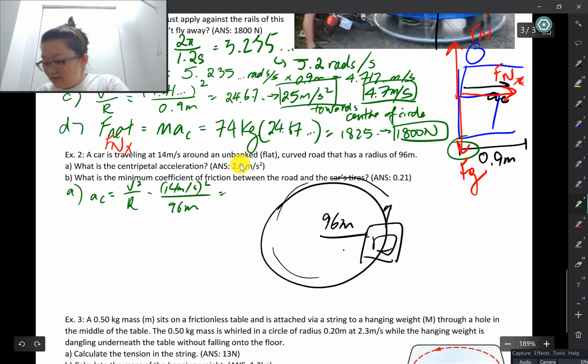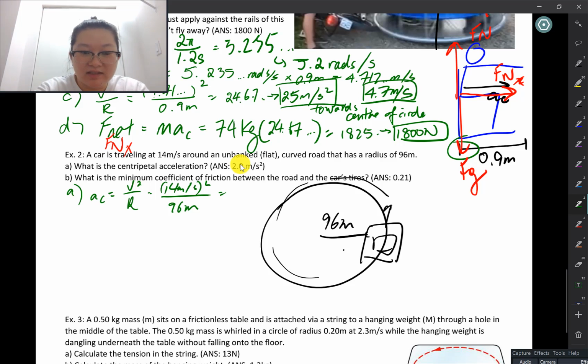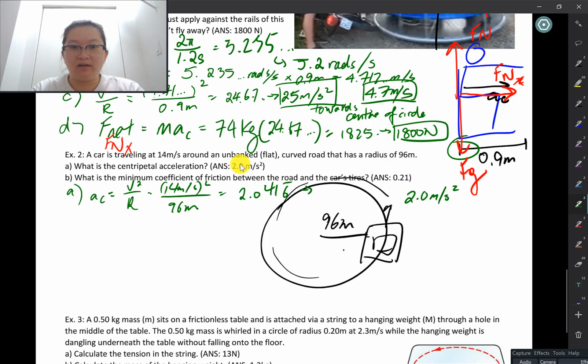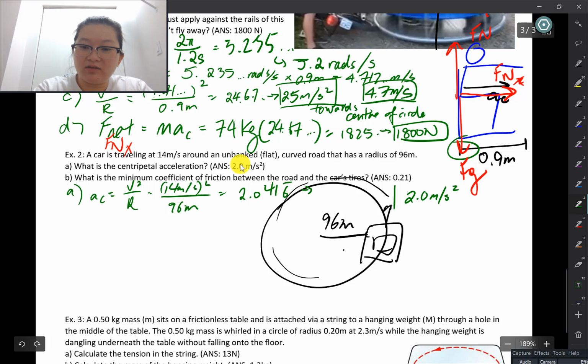Putting that into the calculator, we get 2.04166. And that's going to round to about 2.0 meters per second squared, towards the center of the circle. But we all know that, so I'm just going to box that there.